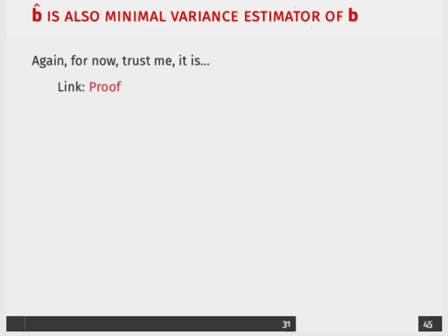But for right now, just trust me that not only is this the equation, but if this is the equation that we're using for the variance of our betas, this is minimal variance for our estimator of the true parameter.